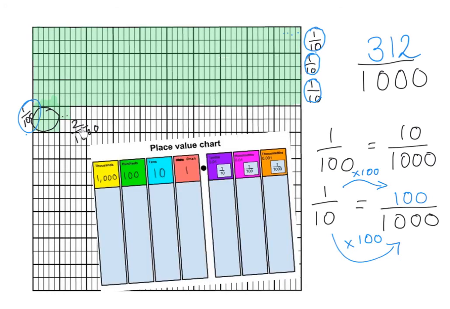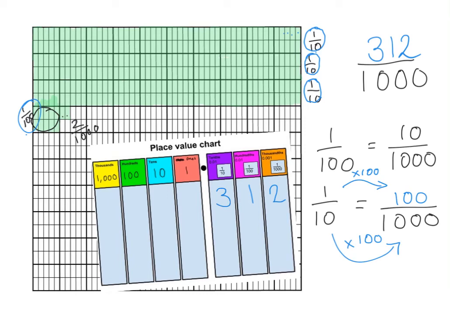Let's have a look what that's going to be as a decimal. So like we said here earlier, I've got 2 thousandths. So I'm going to put 2 in my thousandths column. I've got 100th. So I'm going to put 1 in my hundredths column. And then I've got 3, 1, 2, 3 tenths. So I'm going to put 3 in my tenths column.